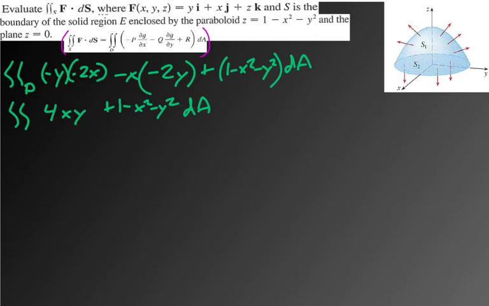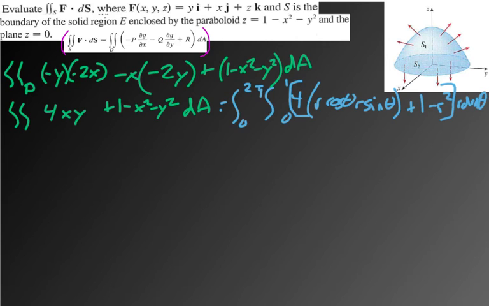So if you put everything in polar, you would get this. I ran out of room there a little bit, but this is just 4xy plus 1 minus r squared, and then I have my Jacobian r dr d theta in there for dA. Based on this picture, you can see it's the full unit paraboloid in a sense.